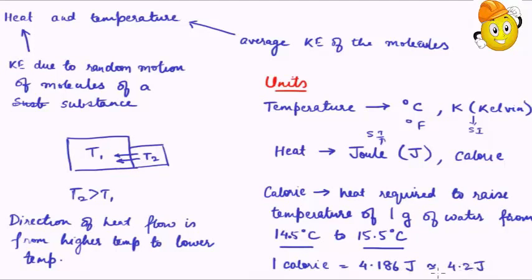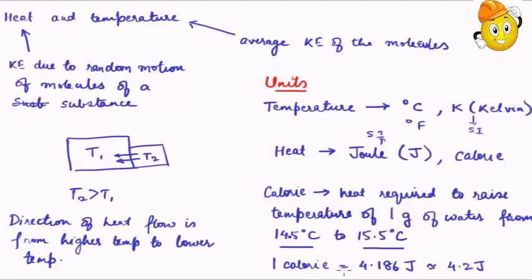If the question does not state, we can use either of them, but this is the more accurate conversion equivalence. So a calorie is larger than a joule by a factor of 4.186. So now we know the equivalence between joule and calorie.